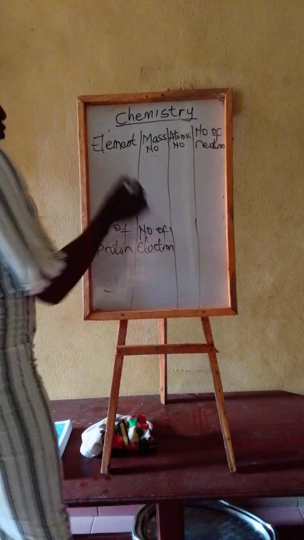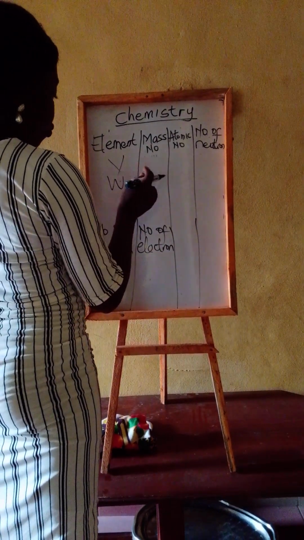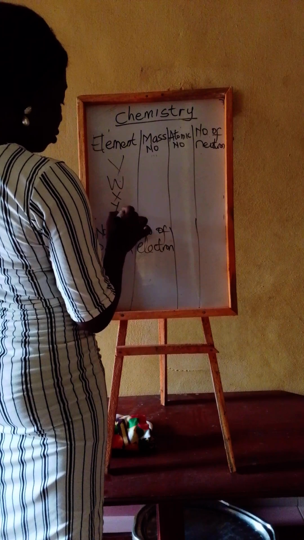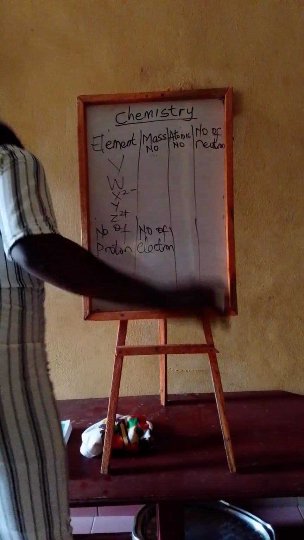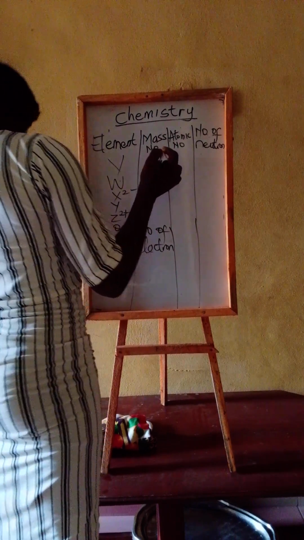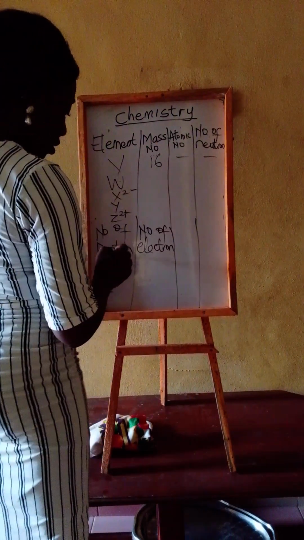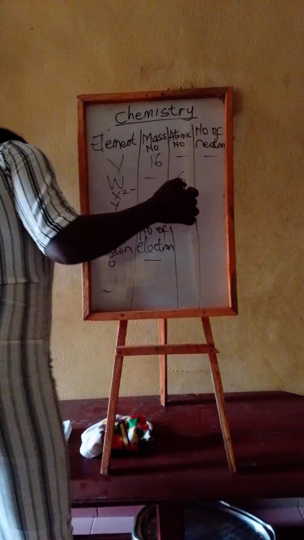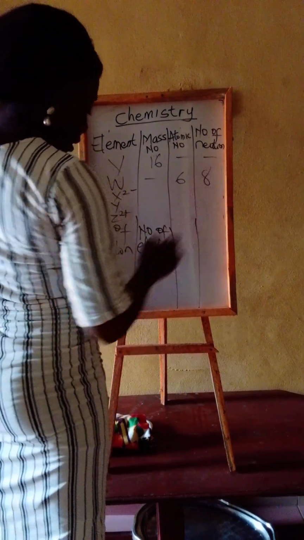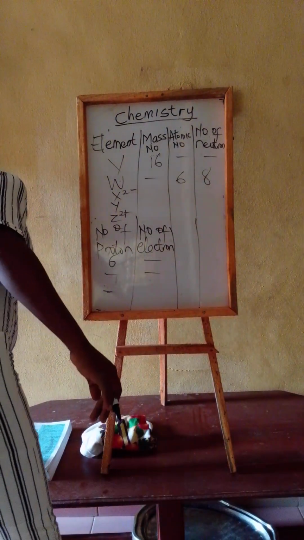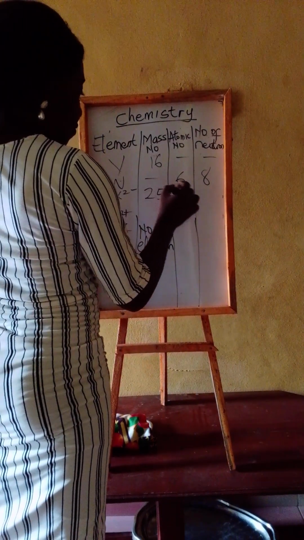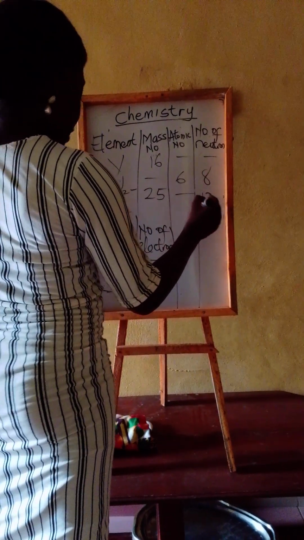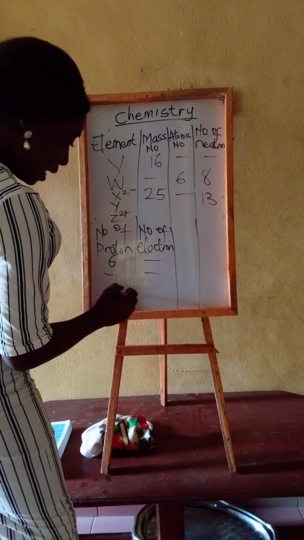So we have V, W, X, Y, Z. So let's say we have 2 plus here. We have 2 minus here. So we have 16, dash, 6, dash. We have dash 6, 8, dash. 25, dash. 25, 13, dash.